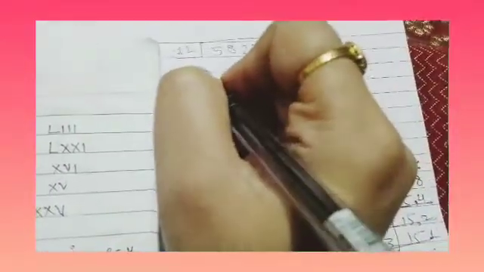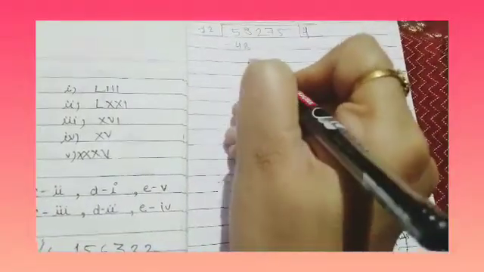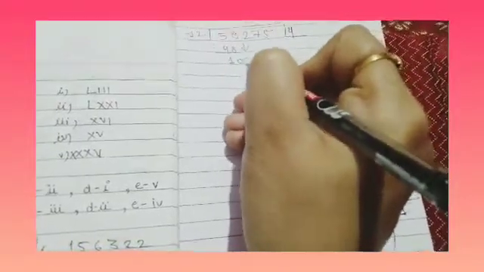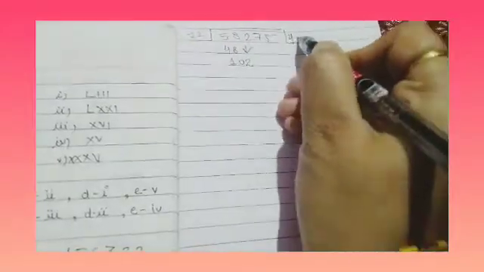12, and what is the number? 58,275. So 12 4s are 48. So 0 1 is remaining. Now we will copy down 2. So now we have 12 8s are 96.